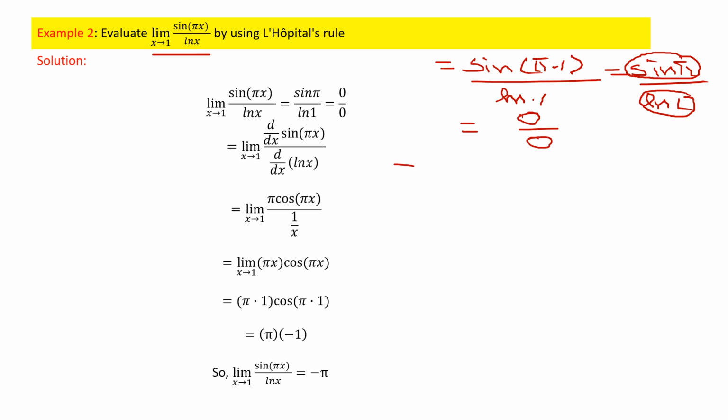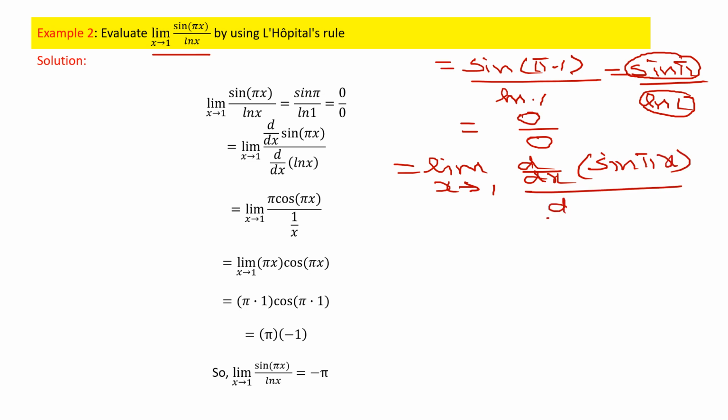So we have to apply L'Hopital's rule. What is L'Hopital's rule? We need to differentiate the numerator and differentiate the denominator. That is d by dx of sin pi x divided by d by dx of ln x. What is the derivative of sin pi x?